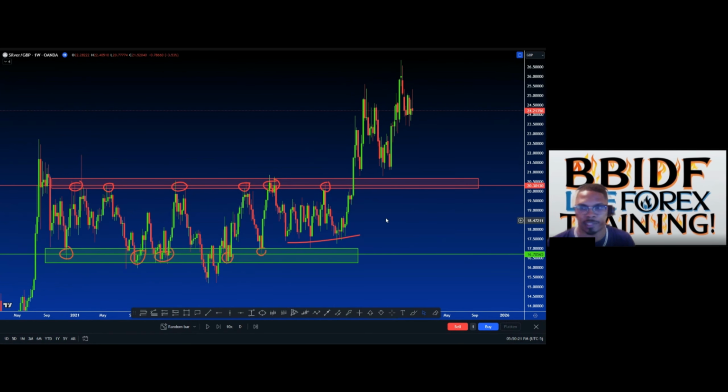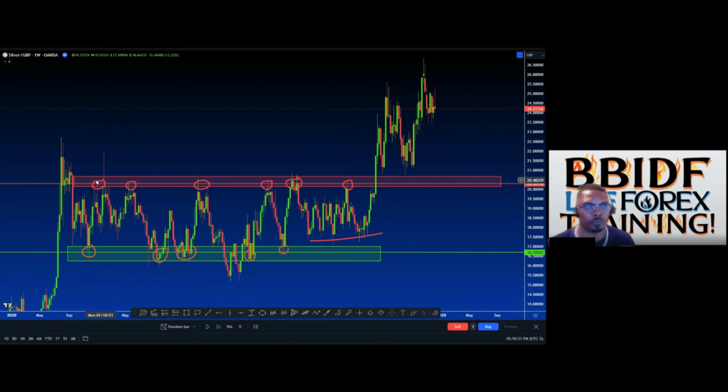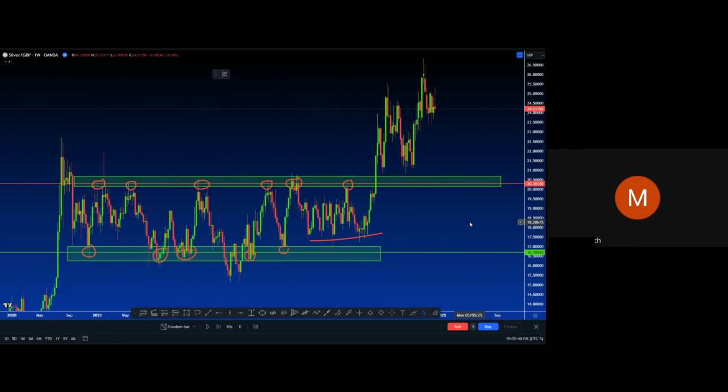Does that make any sense? So basically, this was once resistance, but since we broke above it, now this zone becomes support. Guys, is that making any sense whatsoever? Yeah. Okay.